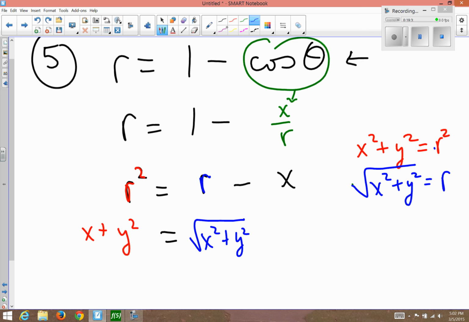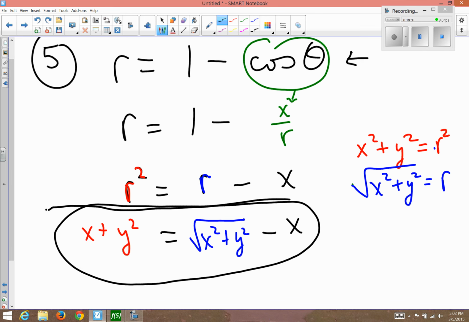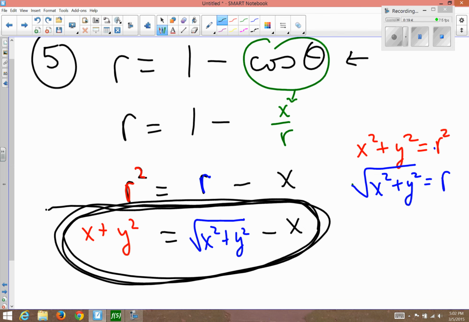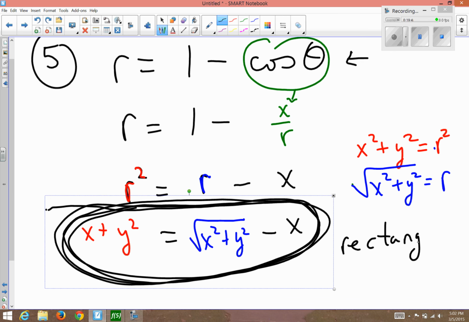The rest gets brought down like that. And we're going to say this is good enough right here. This equation with only x's and y's, no r's or thetas, is the rectangular form of the original equation, which was in polar form.